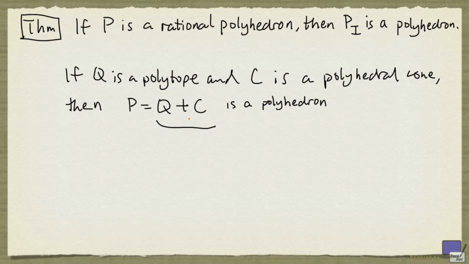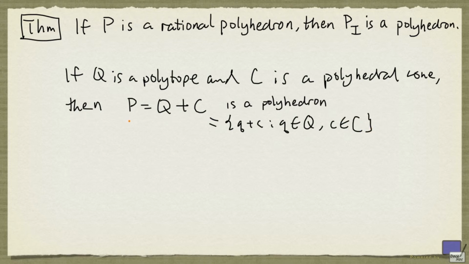Recall that this is the Minkowski sum of Q and C, and it denotes the set of q + c, where q is in Q and c is in C. So what we can do is, we're going to show that P_I can be written as some polytope plus some polyhedral cone C. And it turns out that the polyhedral cone C is exactly the same as the characteristic cone of P.